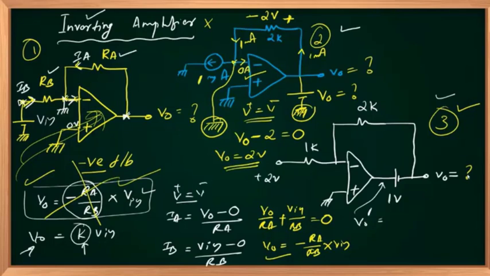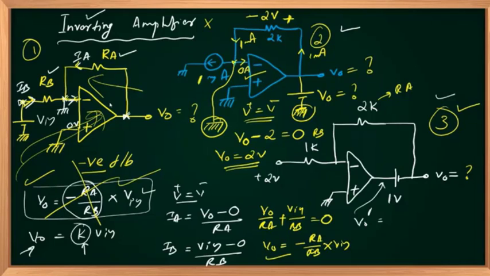As we discussed, gain of the amplifier will be RA upon RB, and 2K is in place of your RA, 1K is in place of your RB compared to the first circuit. So minus RA upon RB, that is minus 2 divided by 1, minus 2, multiplied by input signal.